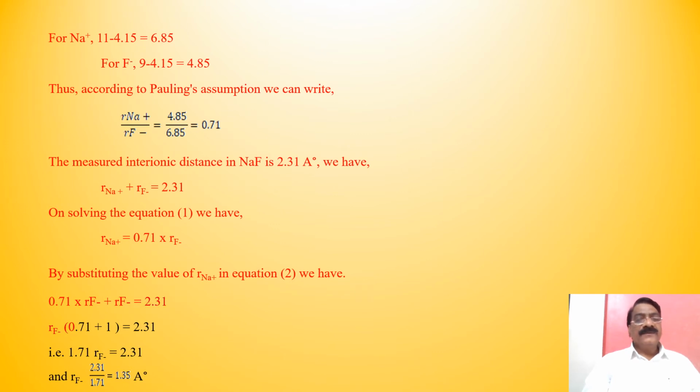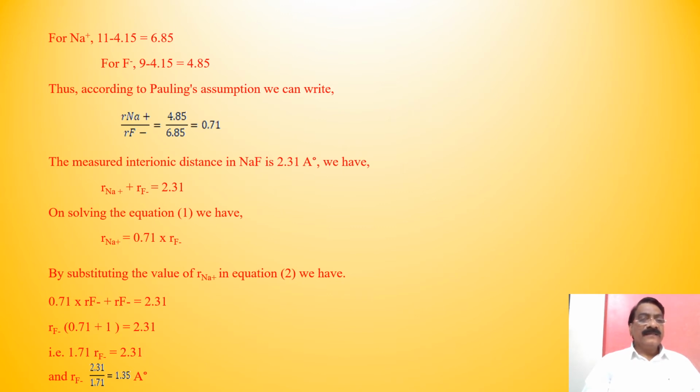By substituting the value of RNa+ in the equation, we have 0.71 into RF- plus RF- is equal to 2.31.